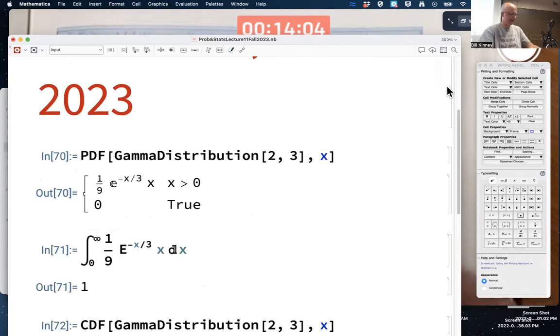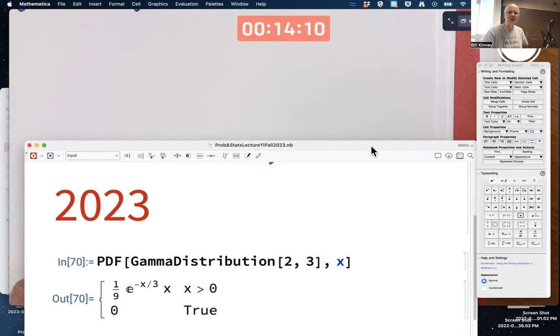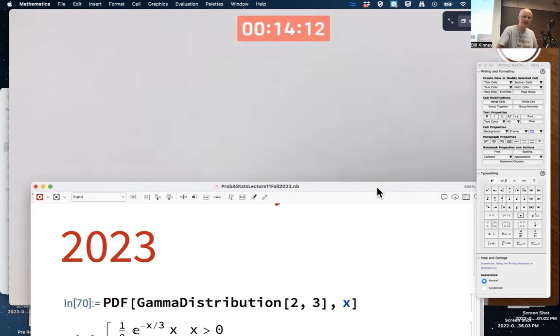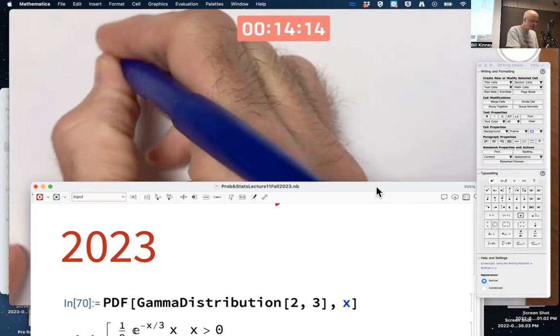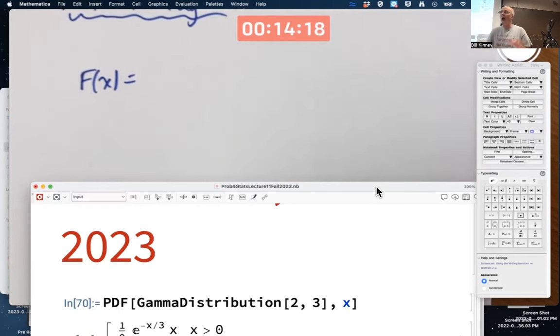Why is it an integral from 0 to x? In general, remember that the CDF, capital F of x, always, always, always, whether your variable is discrete, continuous, or something else. Is there something else? There actually is.